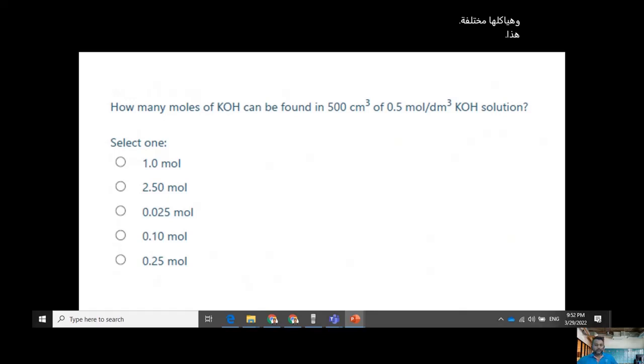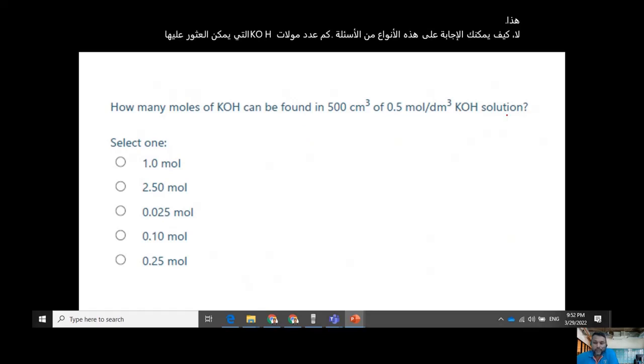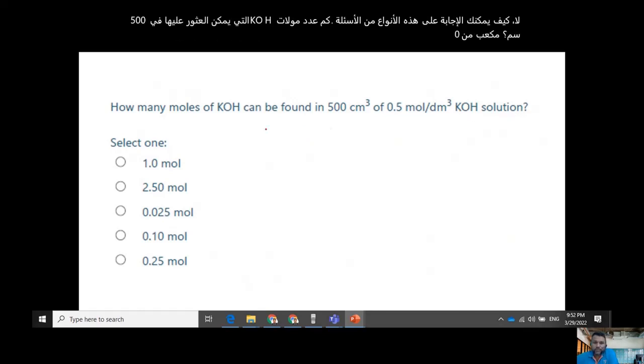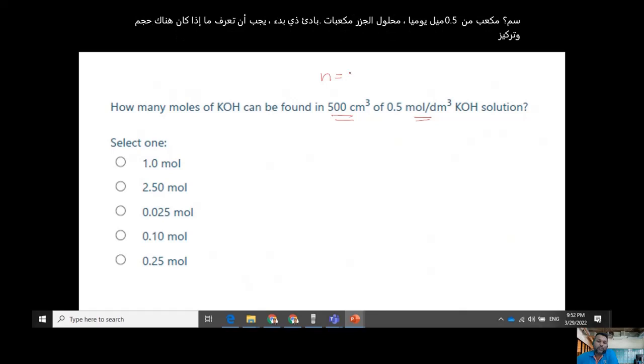Now, how can you answer these types of questions? How many moles of KOH can be found in 500 cm³ of 0.5 mol/dm³ KOH solution? First of all, if there is volume and concentration, the number of moles is equal to volume times concentration.